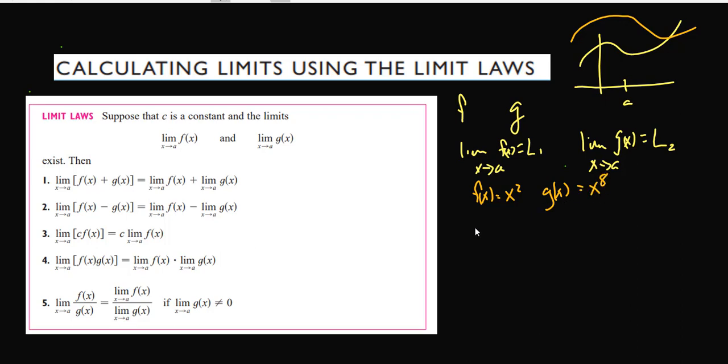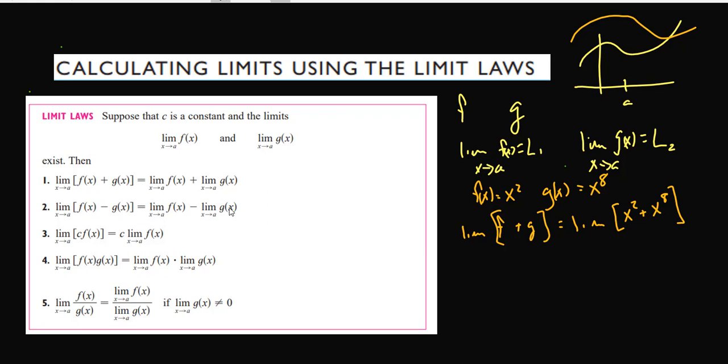Okay, so what we're saying is, suppose we want to do the limit of f plus g for some reason. So in other words, suppose we're asking, what's the limit of x squared plus x to the eighth?